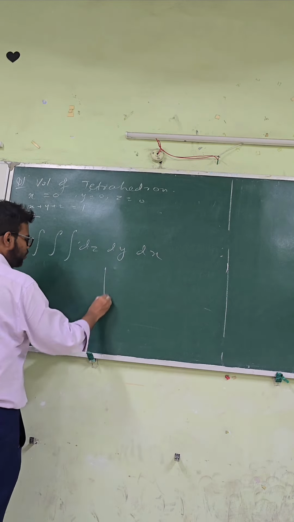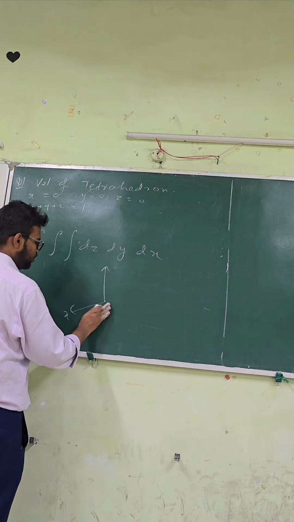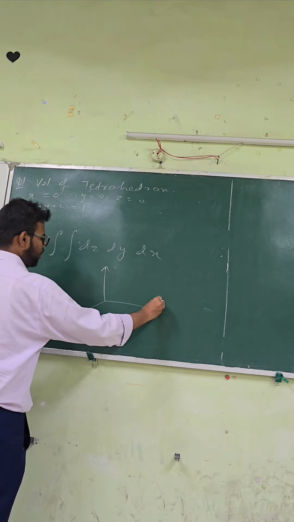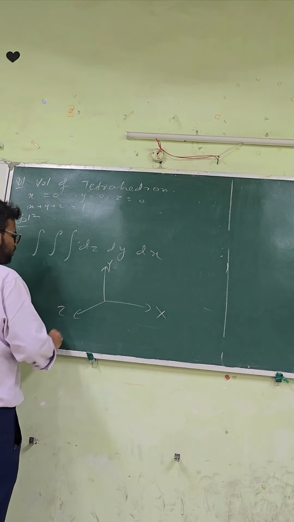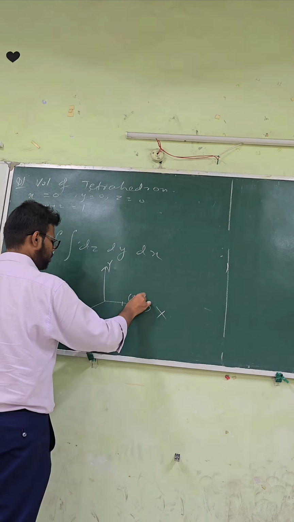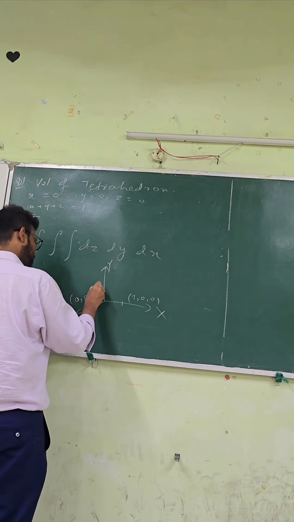Let me tell you all. This is your x, y, z axes. This is your point 1, 0, 0. This is your 0, 0, 1.